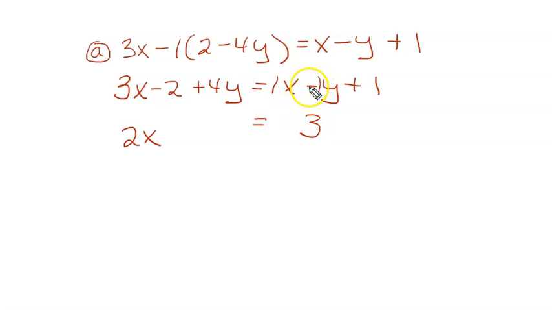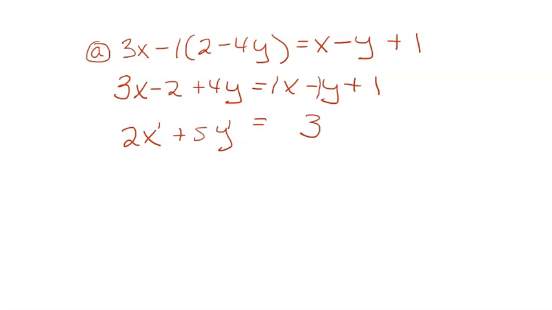And now I'm going to bring this -1y over to this side, or add 1y to both sides. This gives me plus 5y. Now that's in standard form. And notice our exponents are just to the first power. So letter A is, in fact, linear.